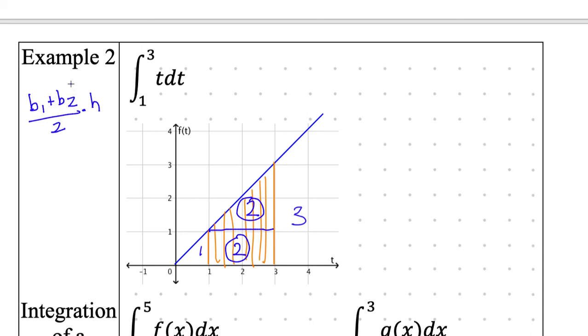Again, solve it analytically. Show me that you know how to take the definite integral. The integral of t becomes t squared over 2, evaluation bar between 1 and 3. Plug it in.